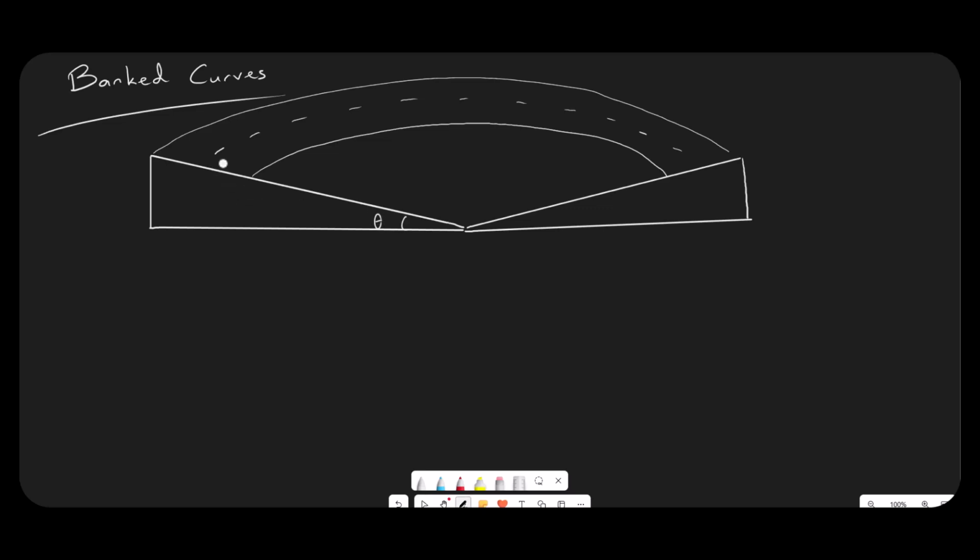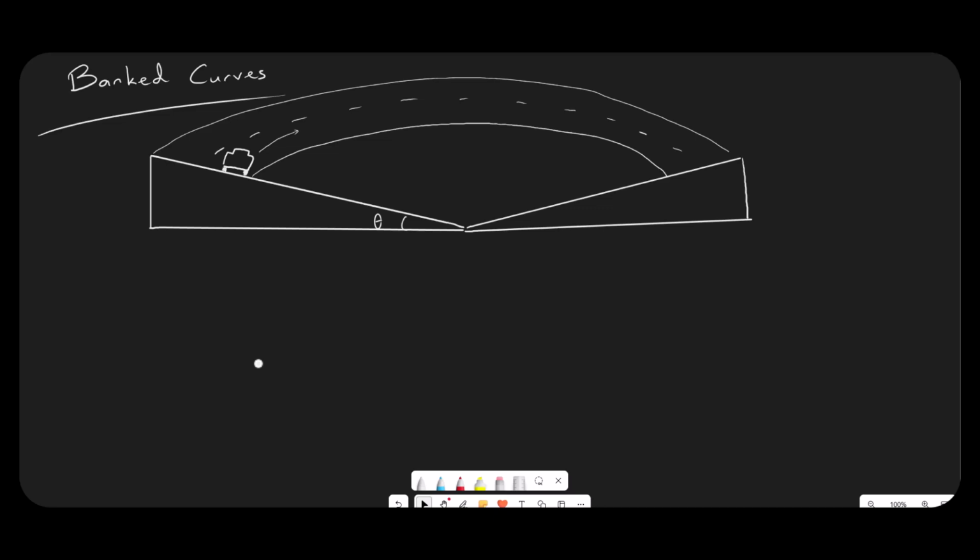So what we're doing is looking at your car. This is kind of looking at the back of your car. There are the tires. So this is a back view of your car. Your car is going to make this turn. I hope that makes sense. For this first case, we're going to look at this without friction.